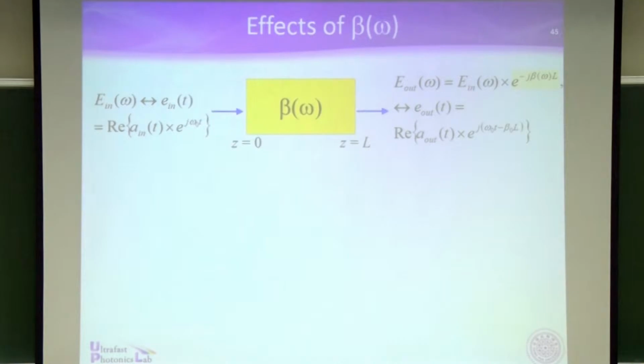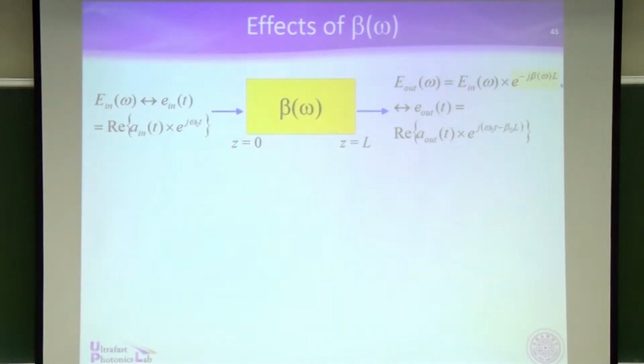And the phase is beta times L with a minus sign, coming from the plane wave model, e to the minus jkz, right? So that's why this is the central issue. The material's contribution is only characterized here, a pure phase modulation, minus beta times L.